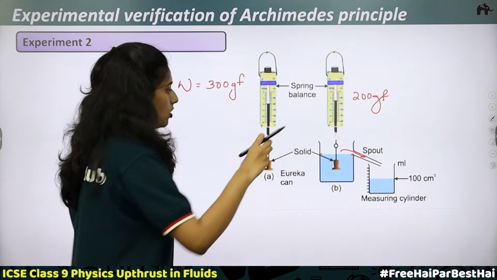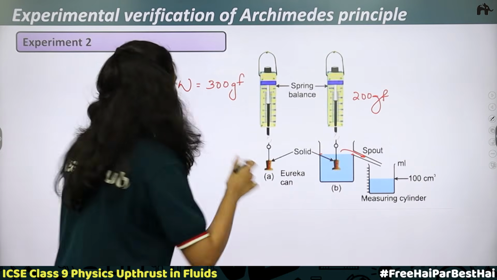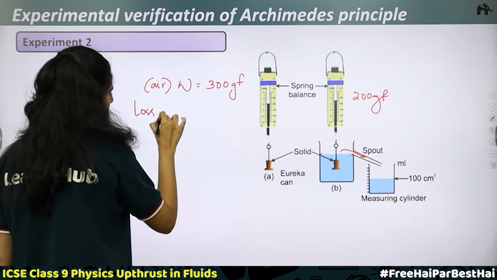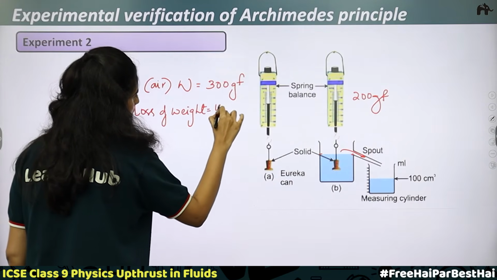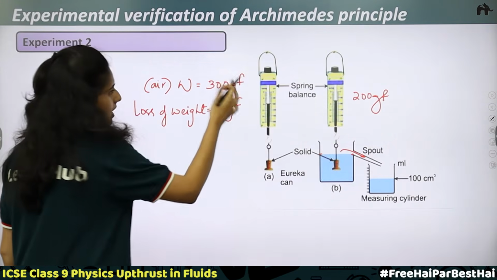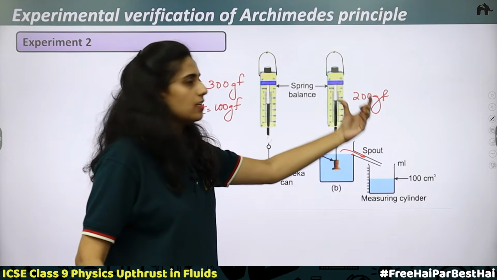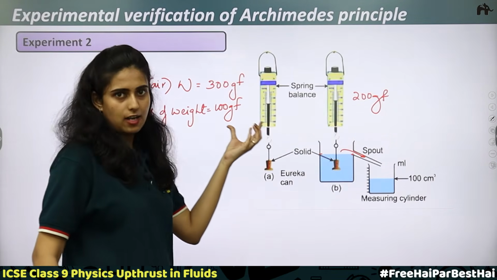We know that in the water there will be a loss in weight. So loss of weight is equal to 100 gram force, that is, 300 gram force minus 200 gram force is equal to 100 gram force.